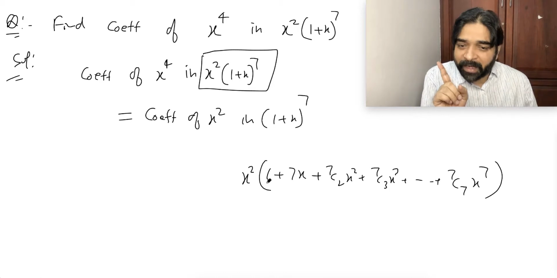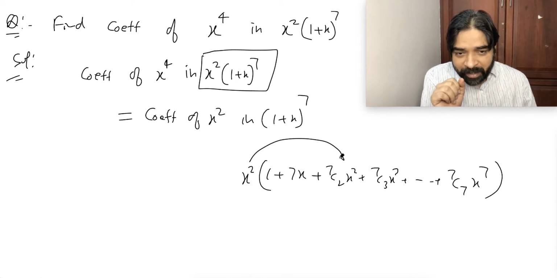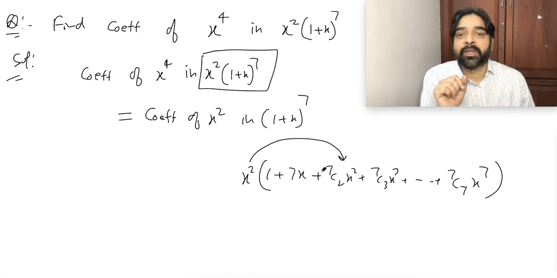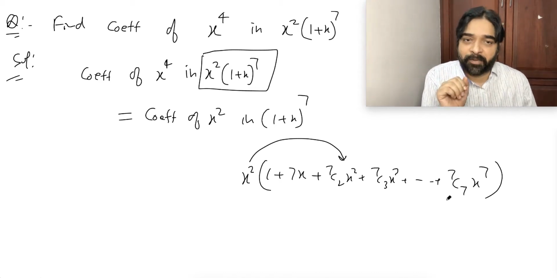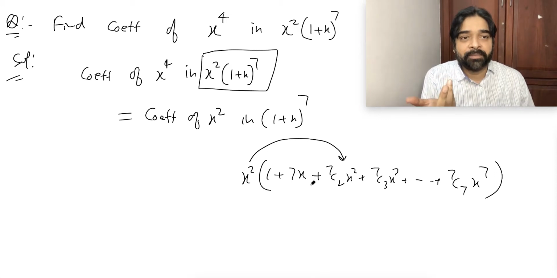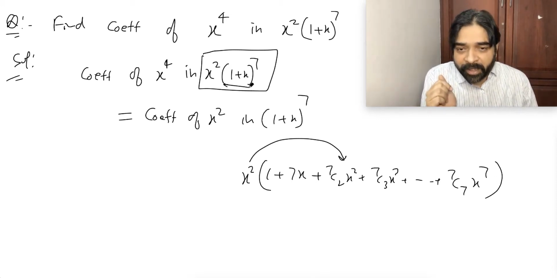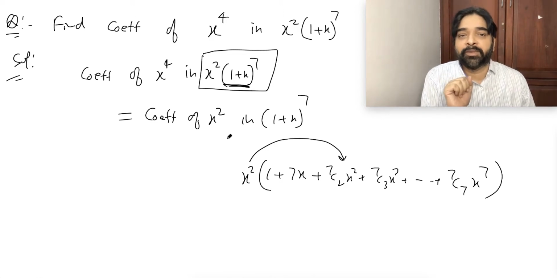When this multiplies here, I will not get x power 4. When this multiplies here, I will not get x power 4. When this multiplies here, I will get x power 4. And when it multiplies anywhere here, I will not get x power 4. That means x power 4 will give you which term? From here, the coefficient of x square will give you. Did you understand the point?